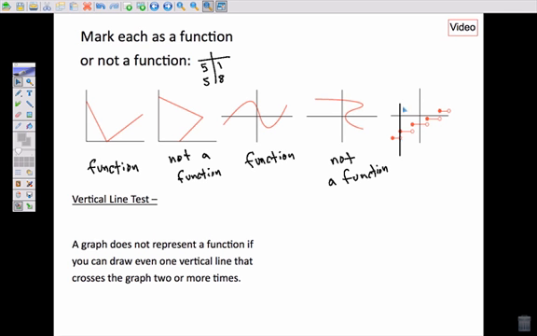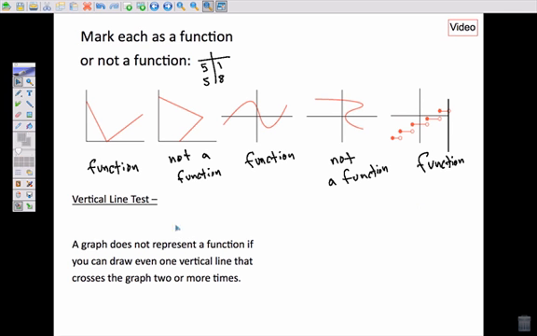That's not a point on this graph. So really it's only intersecting at this filled in point, only once. You can keep dragging that all the way across, and it only intersects once ever. So that is a function.